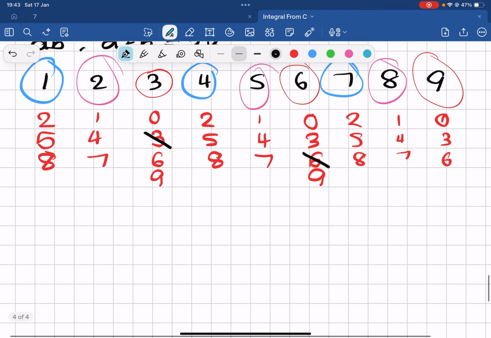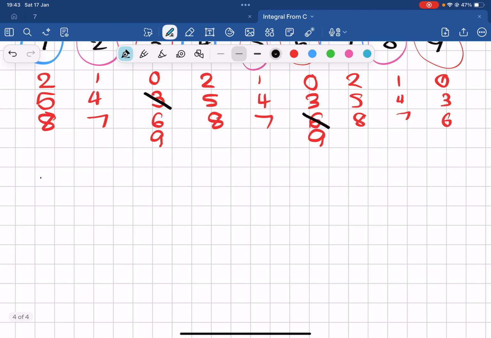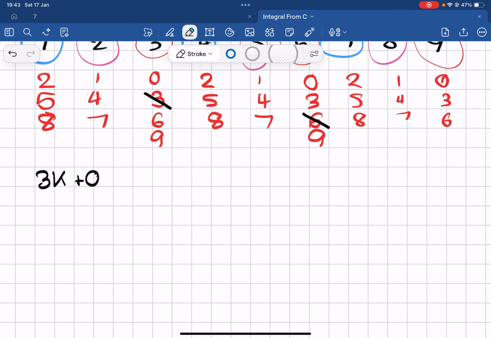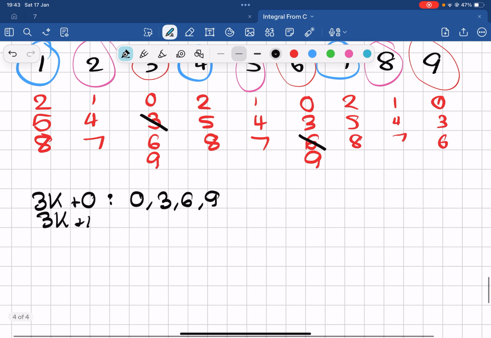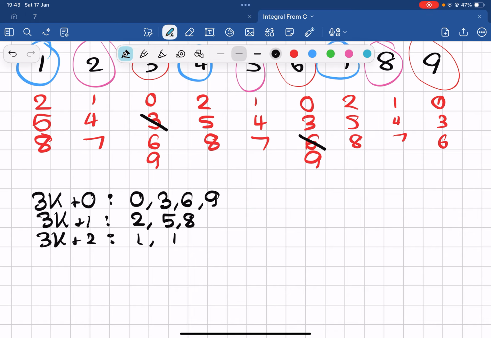For 3, 6, and 9, these follow 3k plus 0, and the numbers in this class are 0, 3, 6, and 9. Then 3k plus 1, for example numbers starting with 1, 4, and 7. Then 3k plus 2: 2, 5, and 8. Nice.